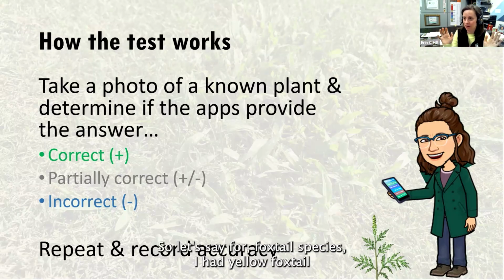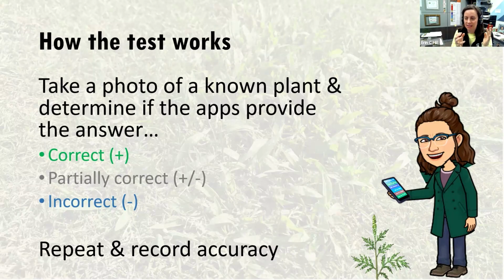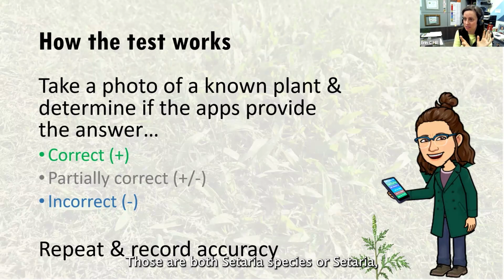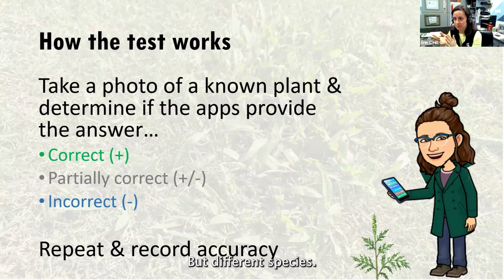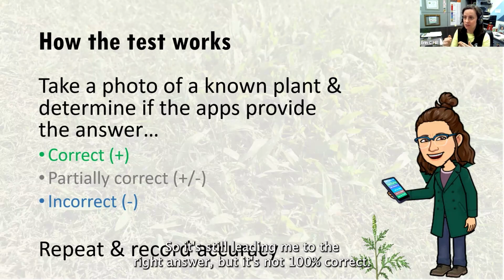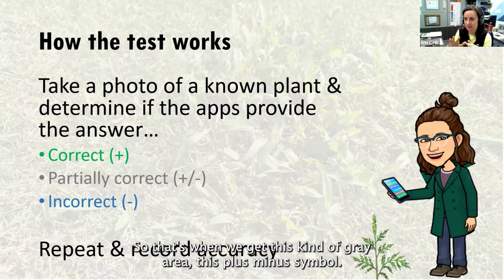So let's say for foxtail species, I had yellow foxtail, and it's telling me that it is green foxtail. Those are both Setaria species, in the genus Setaria, but different species. So it's still leading me to the right answer, but it's not 100% correct. So that's when we get this gray area, this plus-minus symbol.